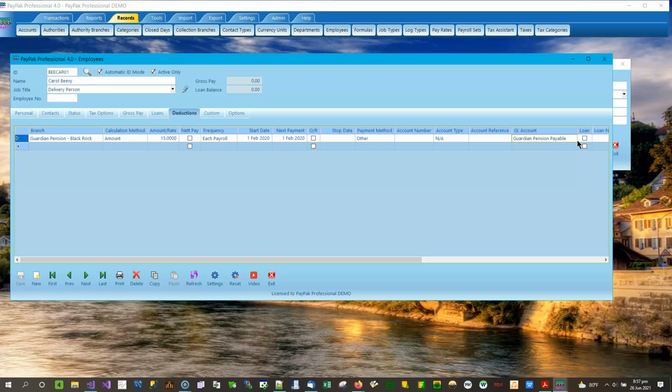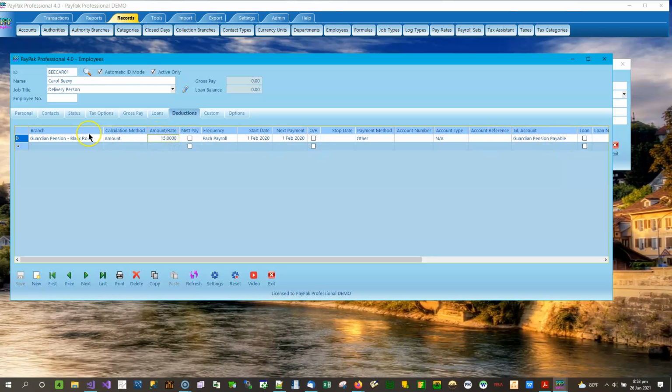So the deduction in this case is $15. Let's say she's paid $400 for a week. If there was no tax or NIS, $15 is deducted. She gets $385, and the $15 goes to the Guardian pension payable account.